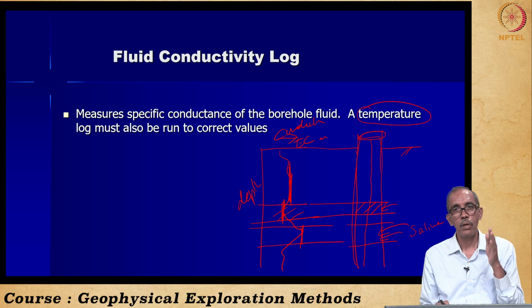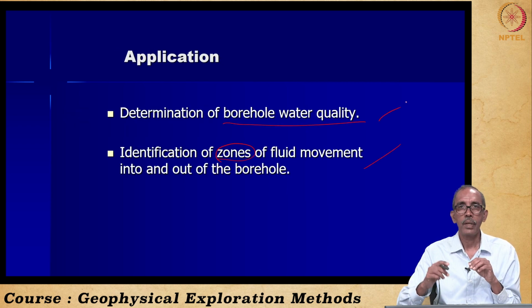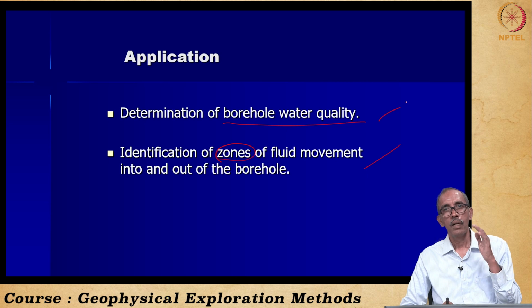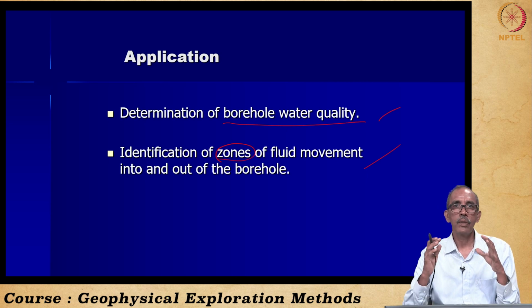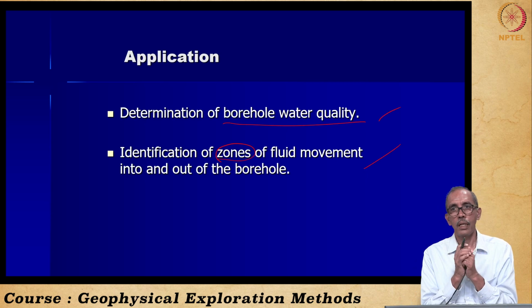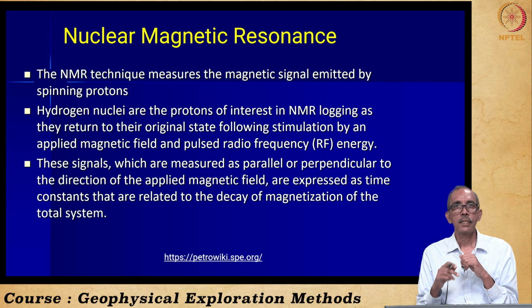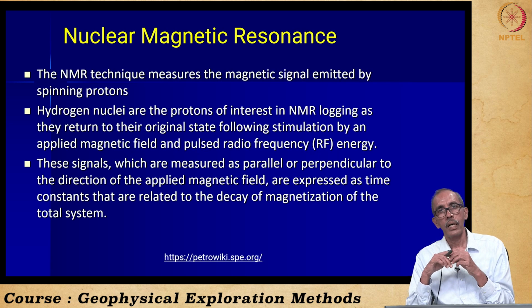The temperature log also has to be correlated with the conductivity log. If the temperature variation is significant, we need to apply a correction factor to arrive at the correct conductivity of the fluid. So these are the two major applications of conductivity log. More or less the applications are similar to that of temperature logging.